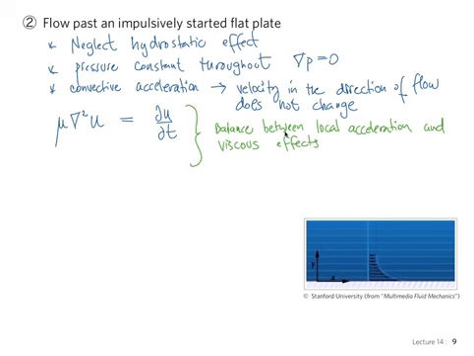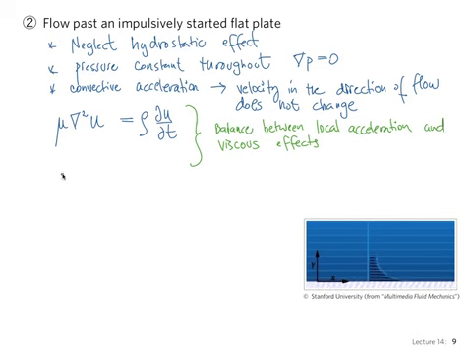The plate, the only thing it does, is accelerate the layers of flow above it. That's what it does. This equation, and I think I've forgotten to write my rho somewhere. We have a rho here.